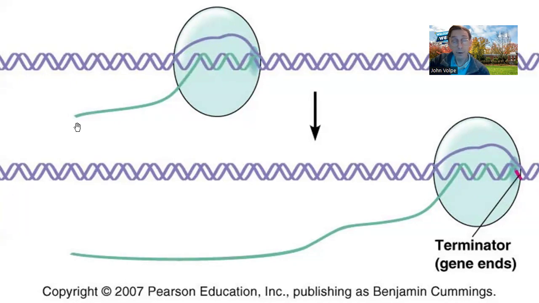That is kind of important because, as the helicase moves down, making this region single-stranded, this portion of the DNA starts snapping together. So let's say the RNA polymerase began here.